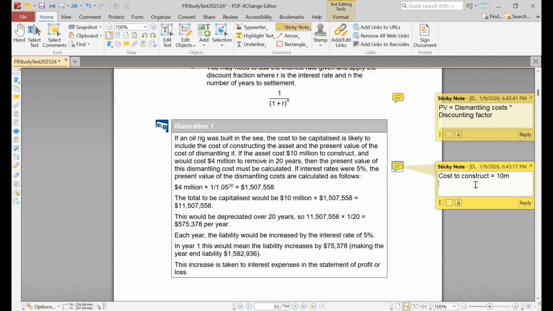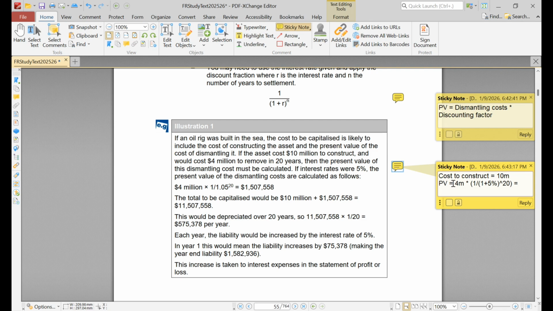The dismantling cost would be 4 million in 20 years, but we need to find its today's value. So you have to calculate the present value of the 4 million. Present value would be 4 million multiplied by the discounting factor, which is 1 upon (1 plus R), where R is the interest rate of 5%, to the power of N, which is 20 years.